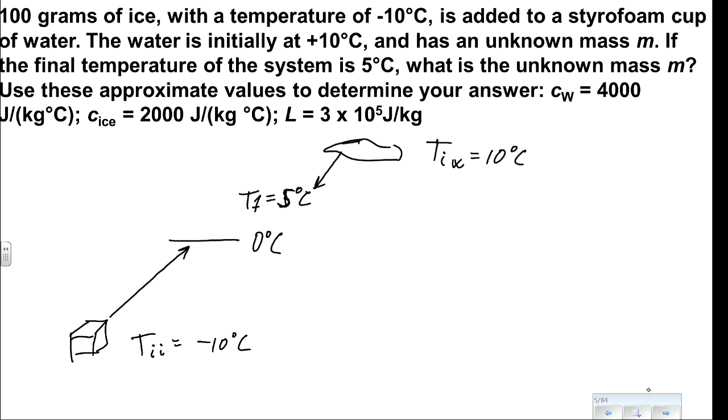So at first, it will be warming up to zero. Then it starts melting. Eventually, all ice melts. What we have after that is a puddle of cold water, the water at 0 degrees Celsius.